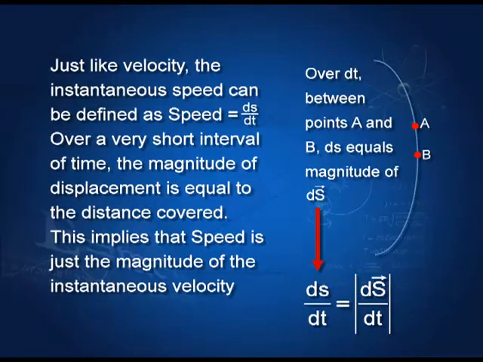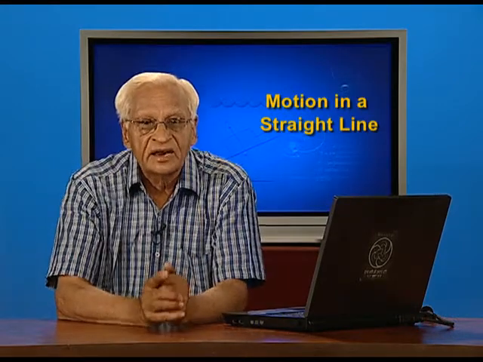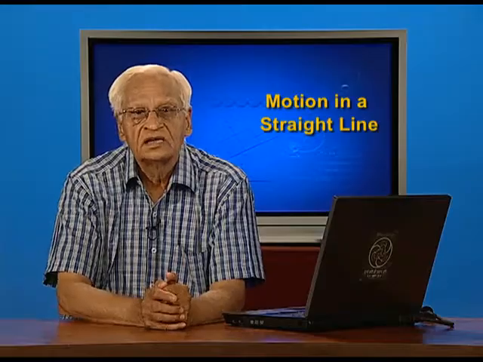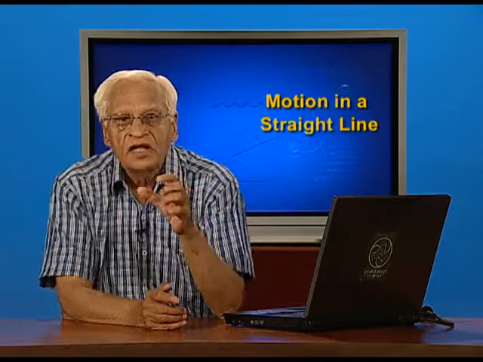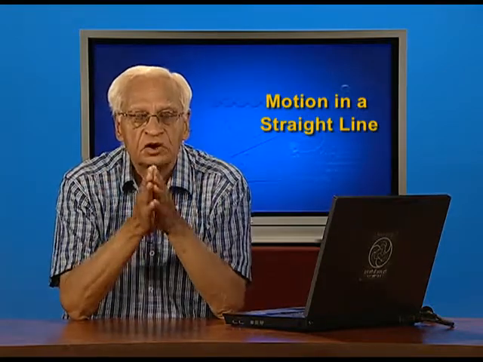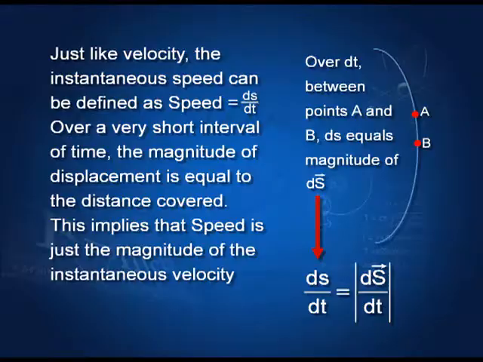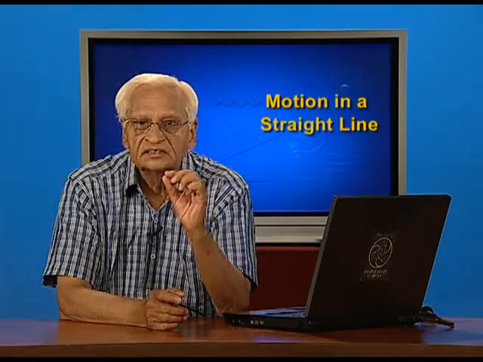Just like the velocity, the instantaneous speed is also defined as ds by dt. Remember, the small s is for distance and capital S with an arrow on it is the displacement. And now, we have to establish a relationship between the speed and velocity. How do we do that? We take the point moving on a curve as shown here, and we take 2 points which are a very short distance away.